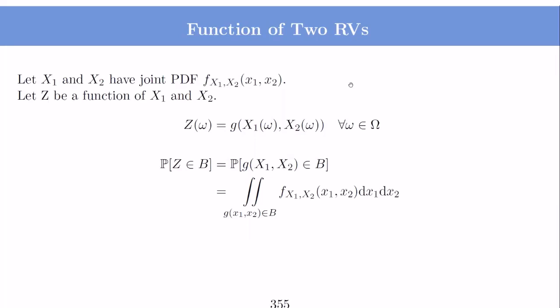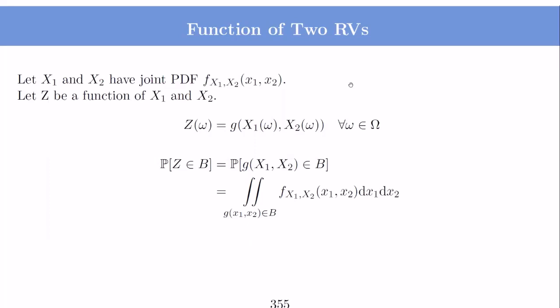So how do we compute the distribution of Z? The probability that Z belongs to B is equal to the probability of all omega such that g(omega) is in B, which means the probability of all omega for which g(X1(omega), X2(omega)) is in B. How do we compute that?